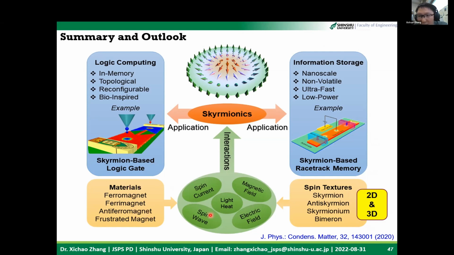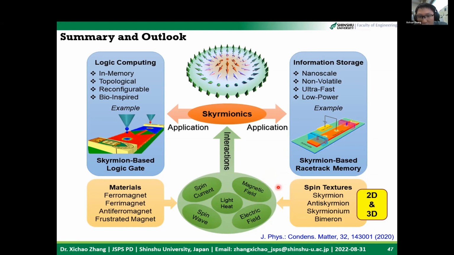And on the other hand, I think we have many different ways to interact with the spin textures. So in this work, I only use the damping-like spin torque to control the skyrmions and the bimerons.